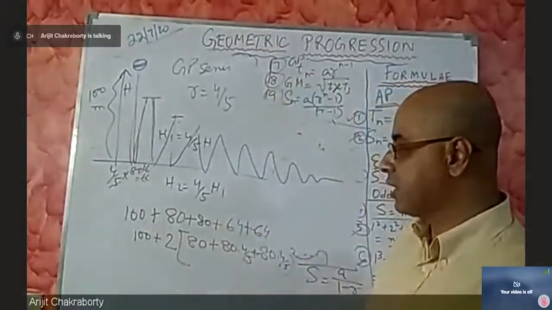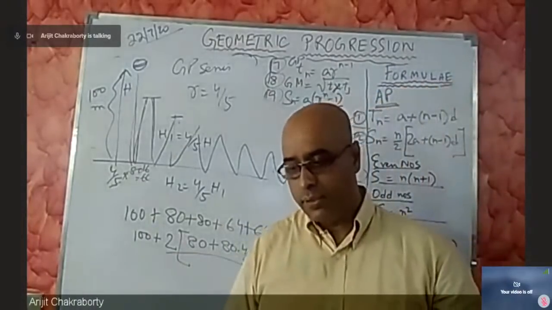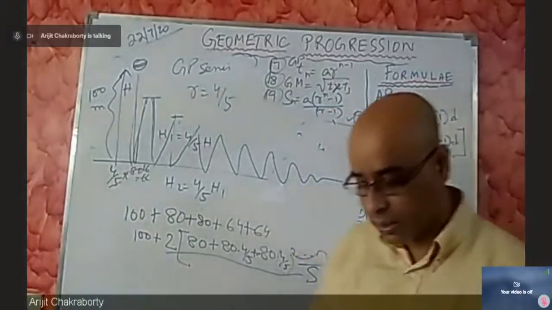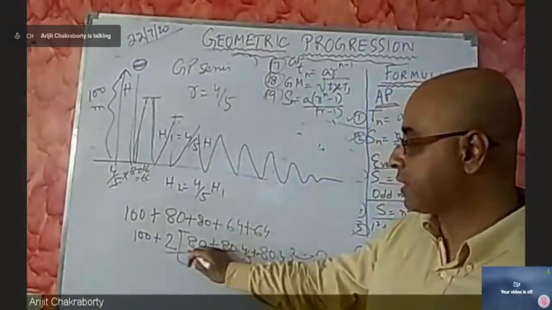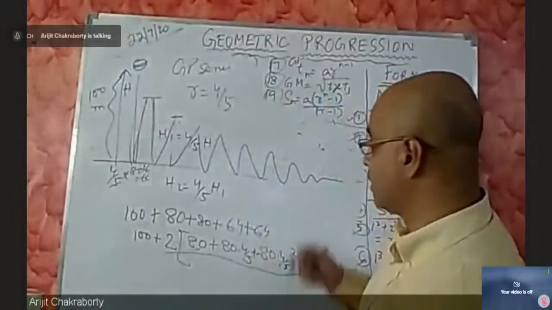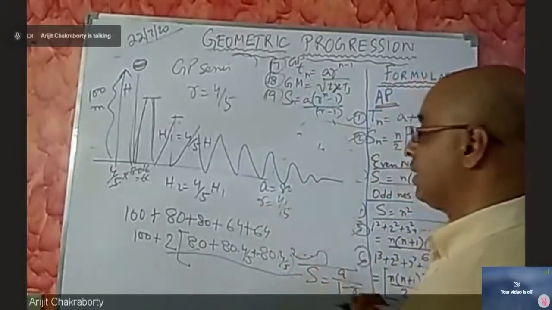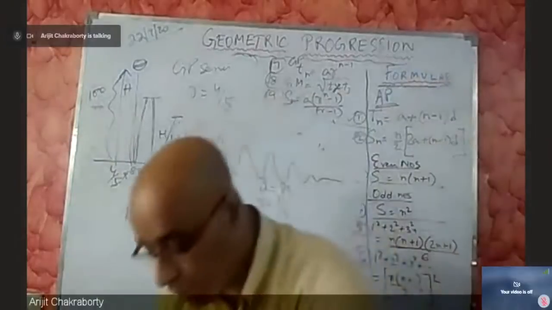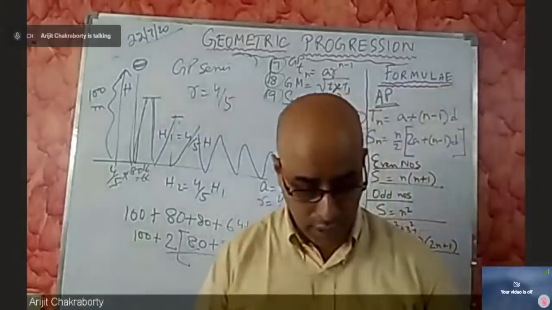In this GP series, if you look at this part, the value of an infinite GP series is A divided by 1 minus R. A here is 80, and R is 4/5. So A divided by 1 minus R is the formula.